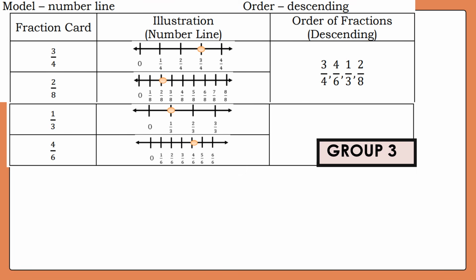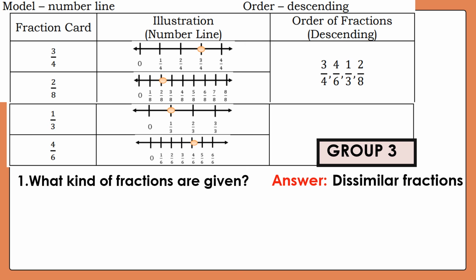Group number 3, model number line. Order descending. Fraction cards 3/4, 2/8, 1/3, and 4/6. Questions. Number 1. What kind of fractions are given? The answer, dissimilar fractions.